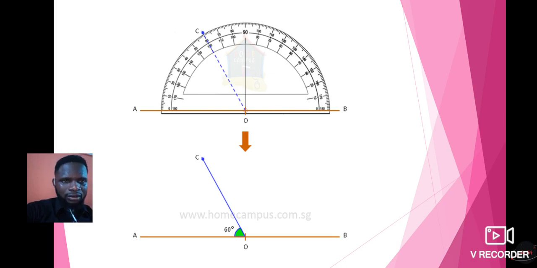And the point from which you want to measure your angle must coincide with the center of that protractor. That's at point O. The point O must coincide with the center of the protractor. You can see in this diagram, we are trying to draw angle 60 degrees. These things are very important.